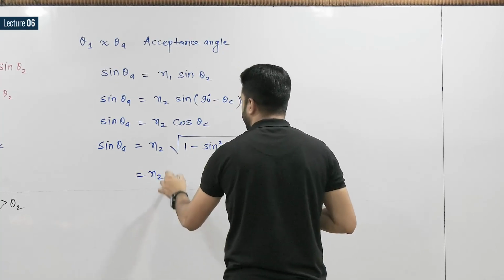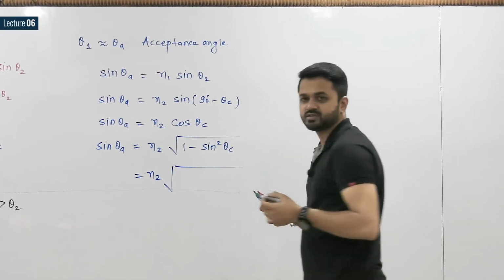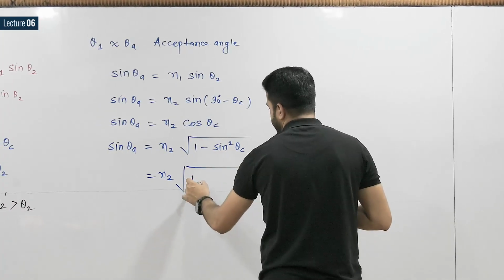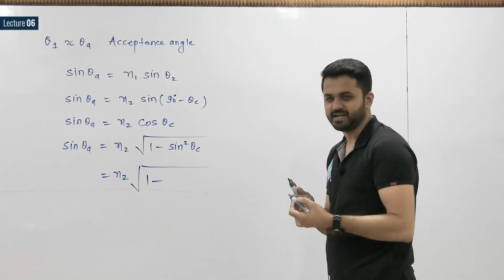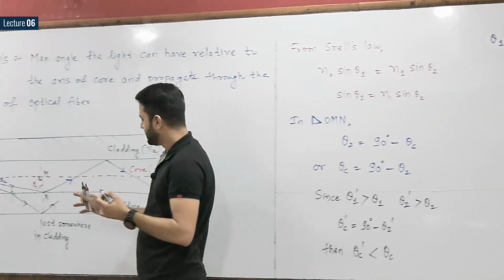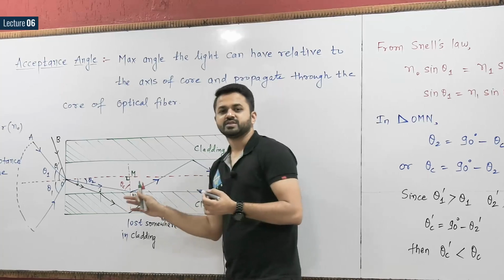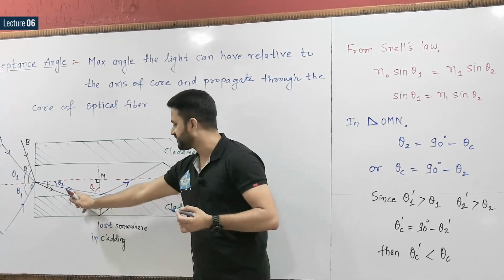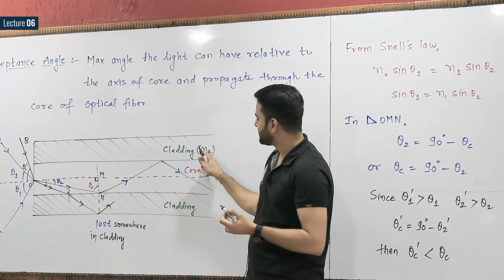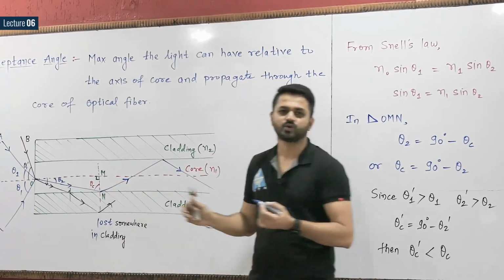Now we know the formula for the critical angle. So the critical angle is given by sine inverse of the second medium divided by first medium, and this critical angle is between which medium? Between the core and cladding. The light is incident from the core to the cladding, so the second medium is cladding, which is having the refractive index n2, and the first medium is core.